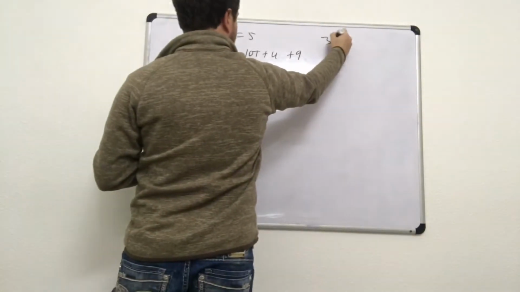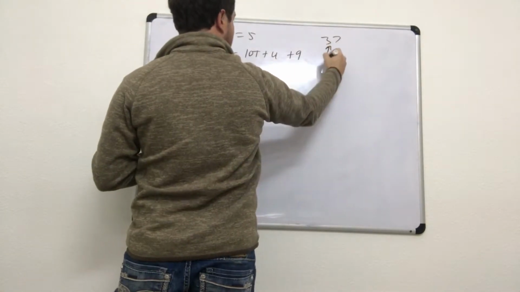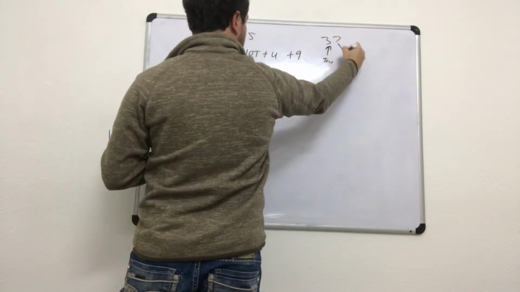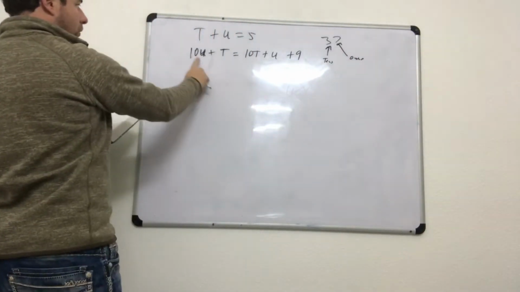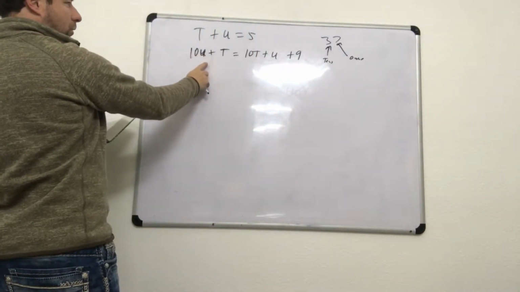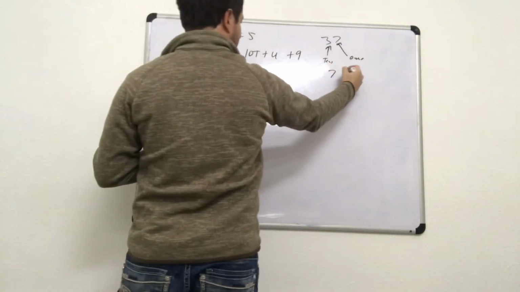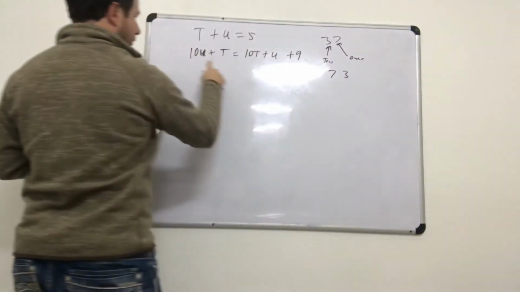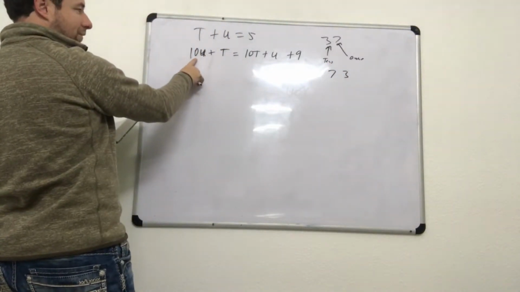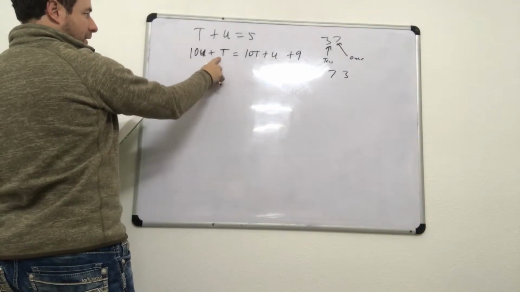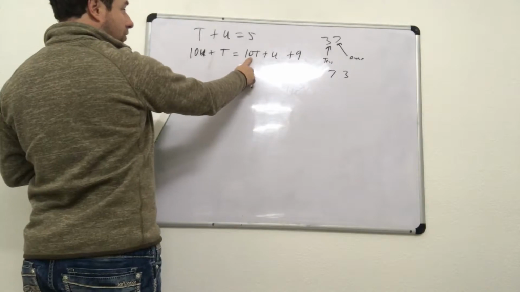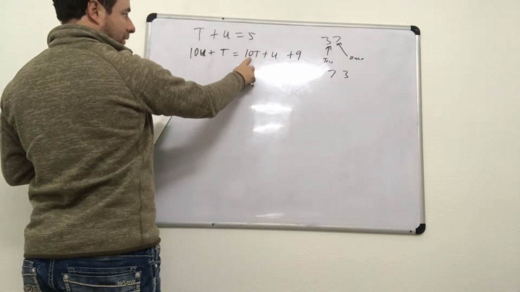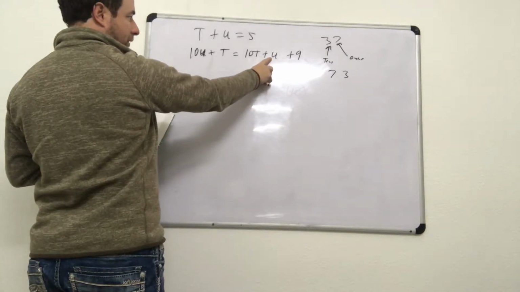Like if it was the number 37, the 3 is in the tens place, and the 7 is in the ones place. So when we talk about the numbers being reversed, so maybe it's 73, well now the ones place has a value of 10 times it, and the tens place is just 1. And then in the original number, the tens place has a value of 10, and the ones place has a value of 1.